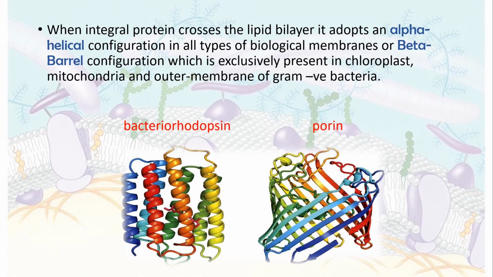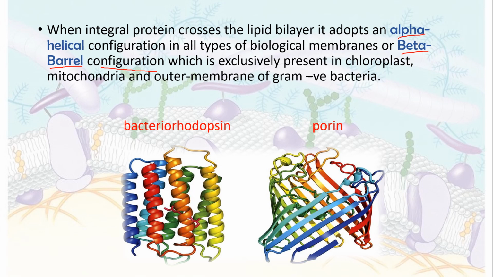Now the alpha helical and beta barrel configuration. As we know, alpha helix and beta pleated sheets are secondary structures of protein.